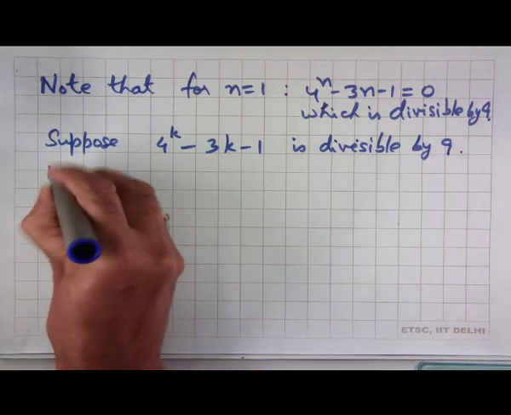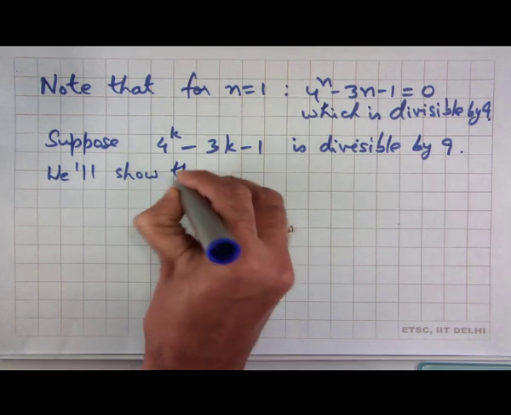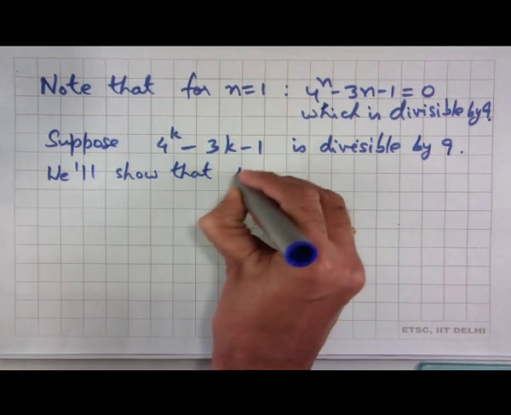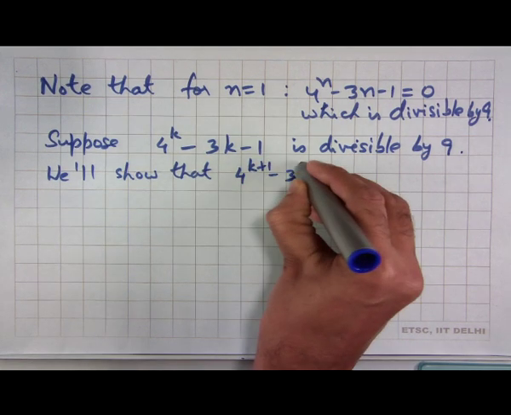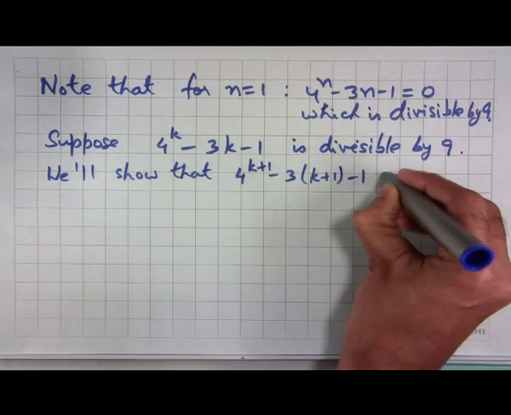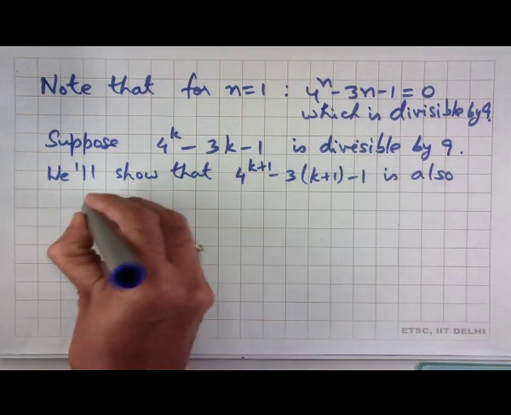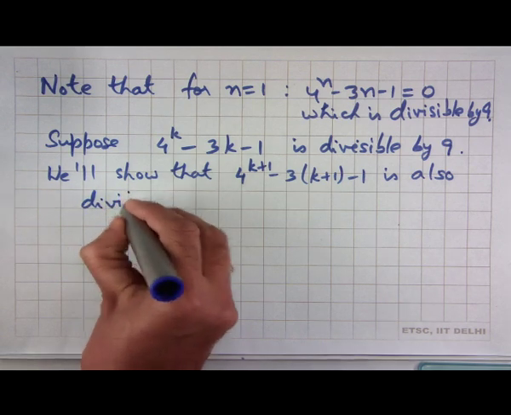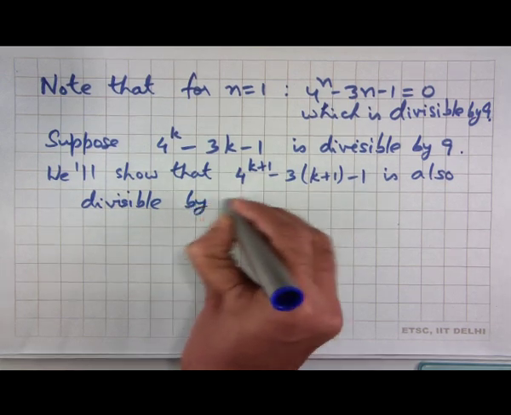We will show that 4^(k+1) minus 3(k+1) minus 1 is also divisible by 9.